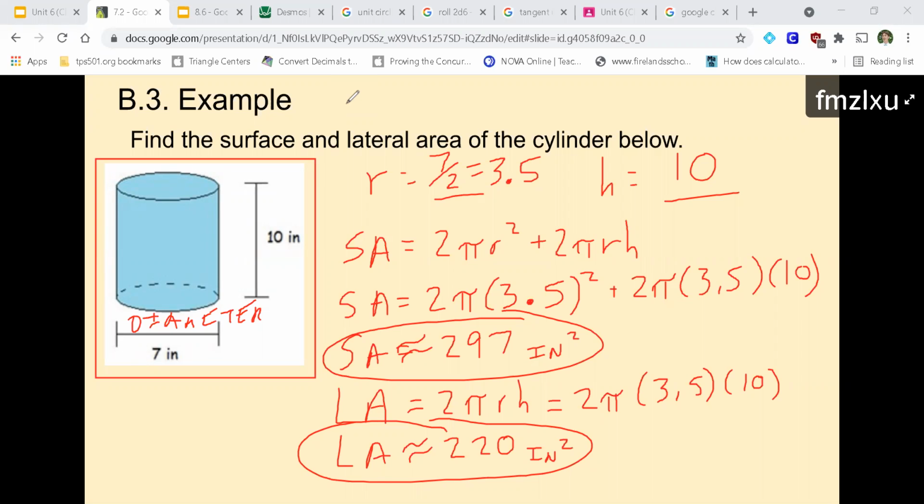What's the difference in the equations? The surface area is the sum of the areas of all the faces, but lateral is just the sides. So the surface area includes the top and bottom. The lateral is just the side.